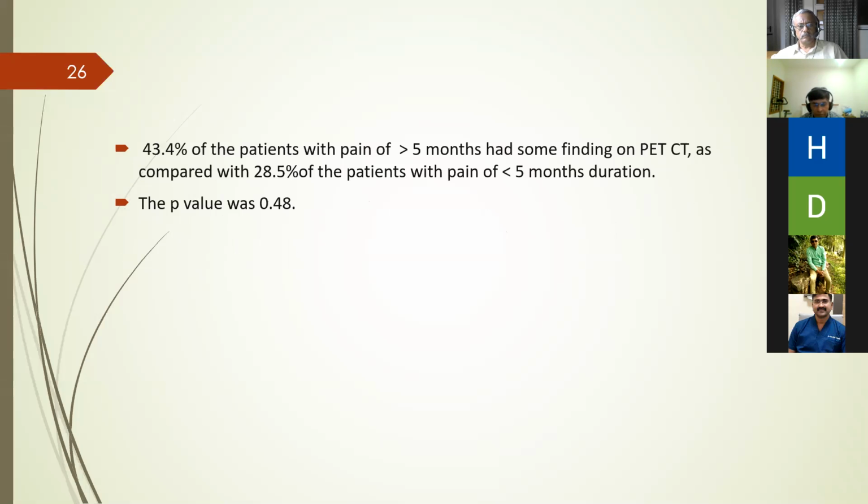Coming to the duration of pain and the PET-CT findings, 43% of the patients with pain duration of more than 5 months showed PET-CT findings, and 28.5% of the patients with pain of less than 5 months duration. The p-value is less than 0.48.